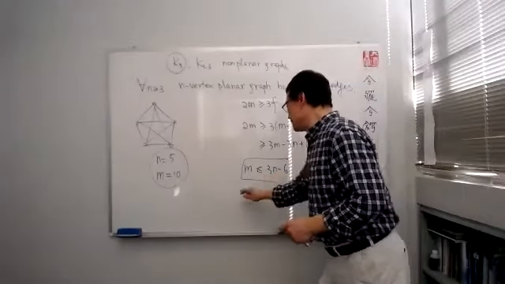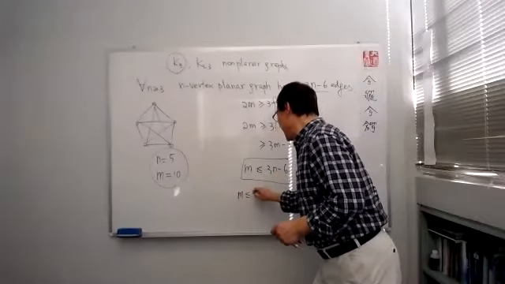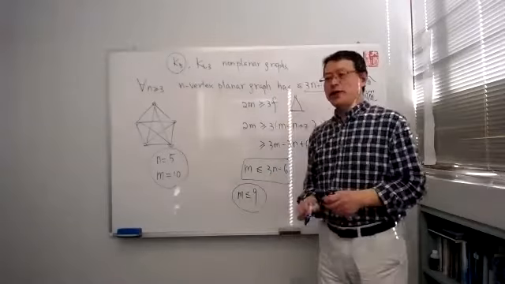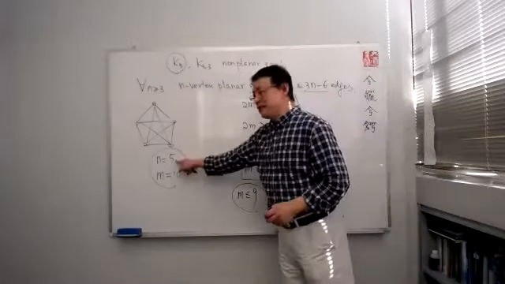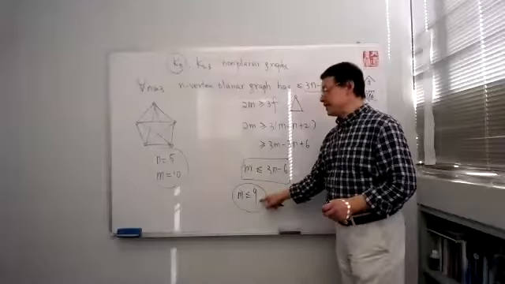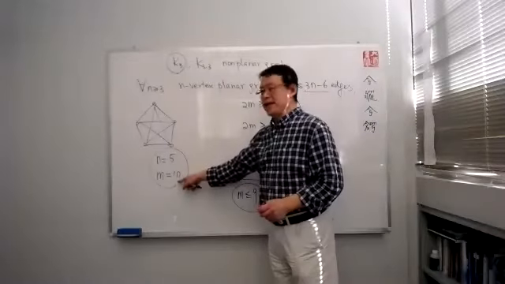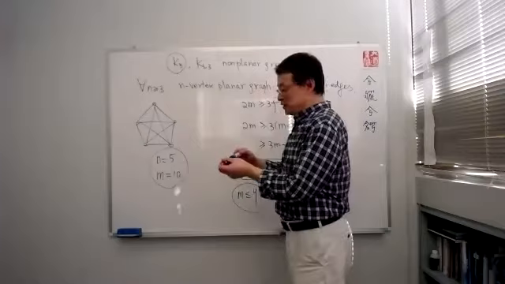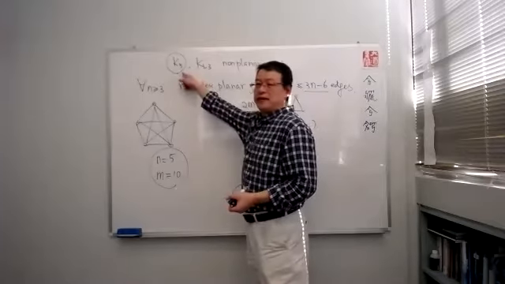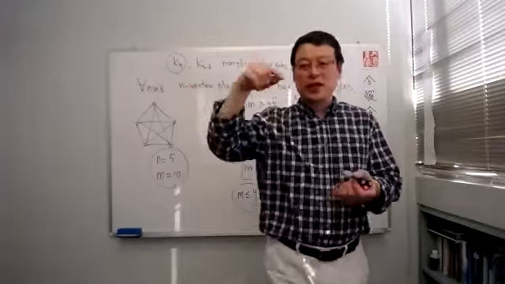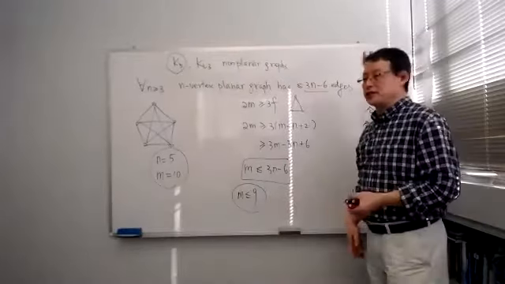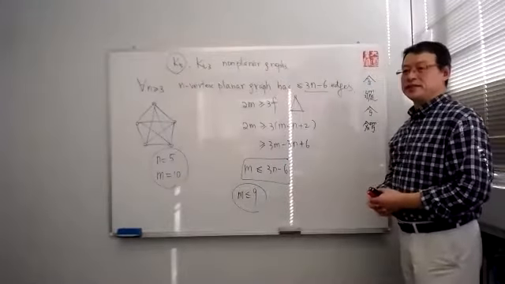If n is 5, m should be at most 9. For any planar graph on 5 vertices, the maximum number of edges is 9. But this graph has 10 edges. So we show this graph cannot be a planar graph. So it's much easier than drawing it. Actually, we don't need to draw it because the graph is too dense.